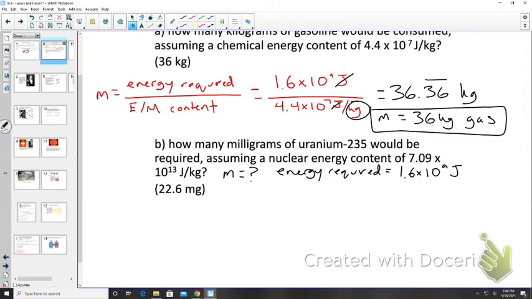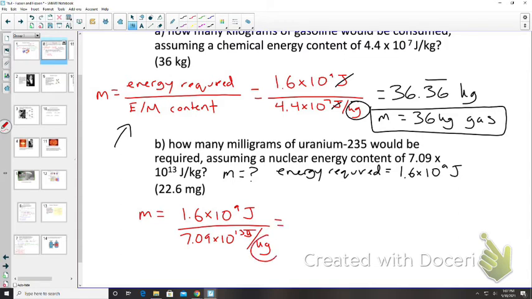So energy to mass content is 7.09 times 10 to the 13 joules per kilogram. So we can use the same formula as we did up top. So mass is equal to our energy required, 1.6 times 10 to the 9 joules, divided by the energy to mass content ratio, which is 7.09 times 10 to the 13 joules per kilogram.